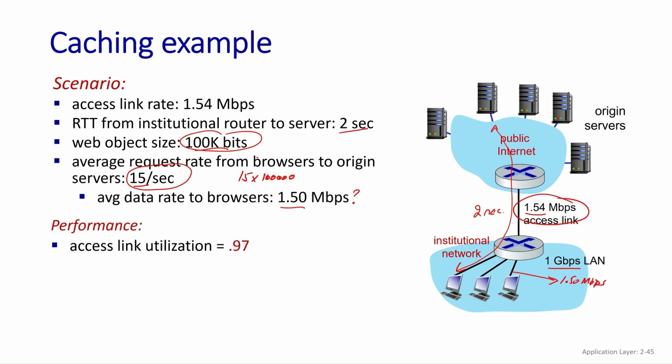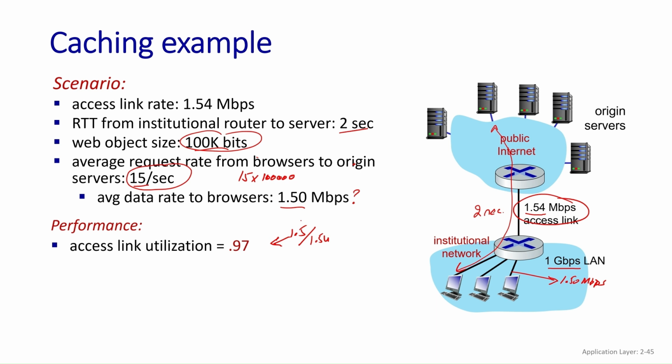The access link utilization is 1.5 divided by 1.54, which is about 0.97.